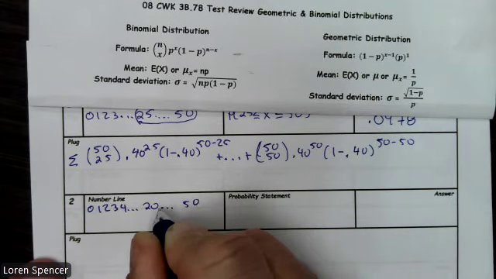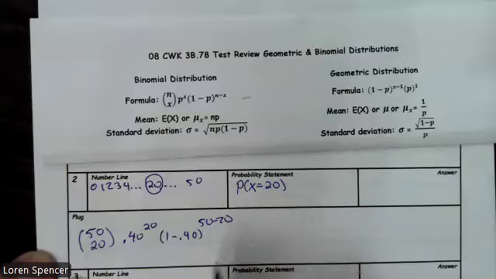So since I'm looking for a singular value, my probability statement is simply the probability that X equals 20. The other nice thing about that is I don't have to do the summation. I just need to plug into the formula. We know we have a sample size of 50, X is 20, P is 0.40, raised to the 20th times 1 minus 0.40 to the 50 minus 20.